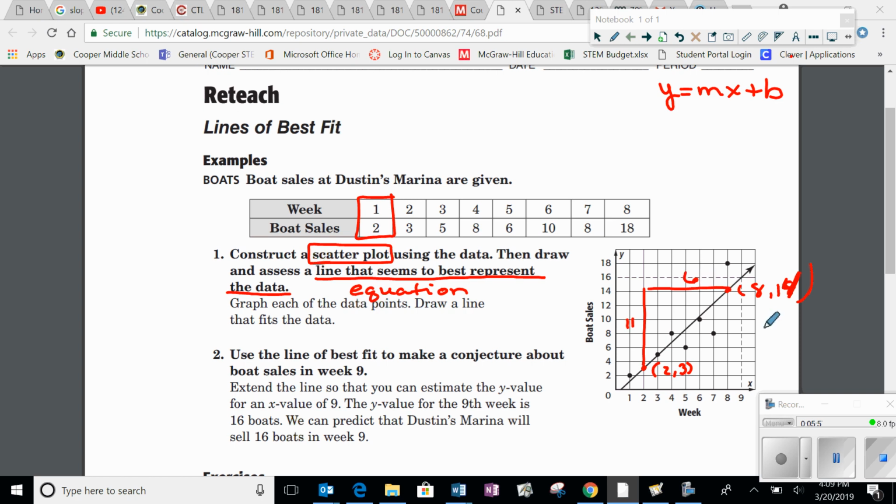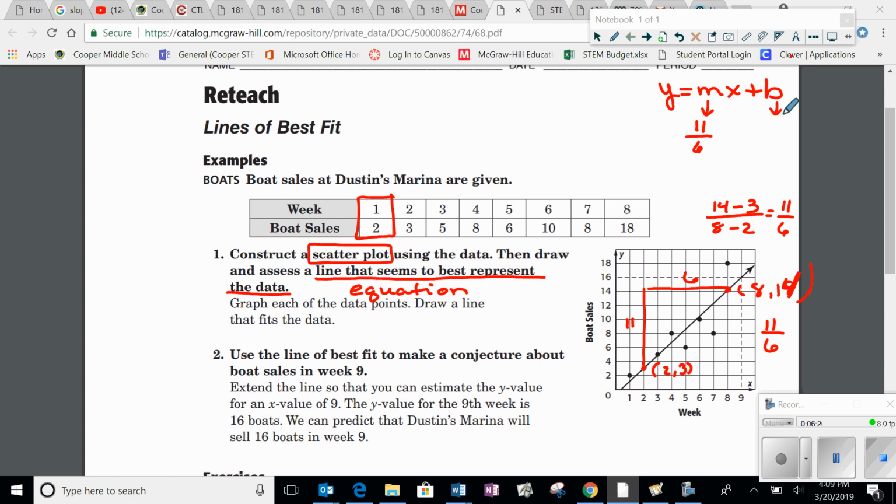So your slope is 11 over 6. Or you could do the slope formula by subtracting 14 minus 3 and 8 minus 2, and you still get 11 over 6. So our slope is 11 over 6.